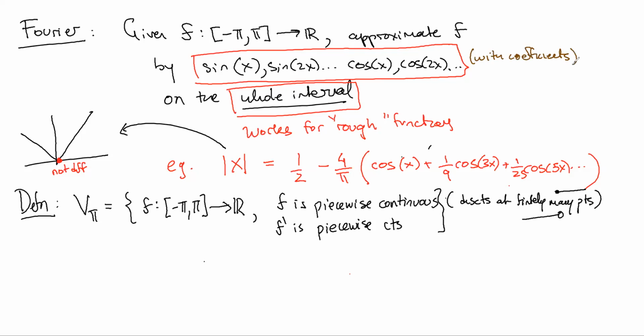I'll tell you what those are later. But the example is really what's written here: I wrote the absolute value of x as a series where the terms are sines and cosines with some coefficients. Okay, so that's a vector space. Any questions about the definition of the vector space?